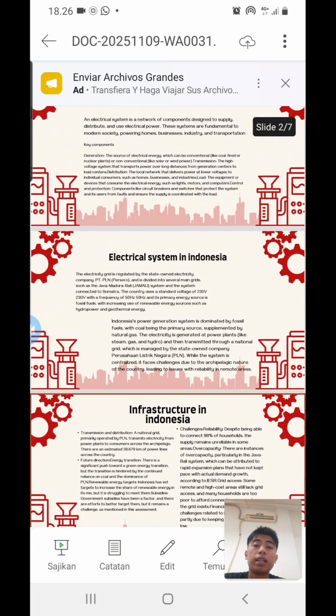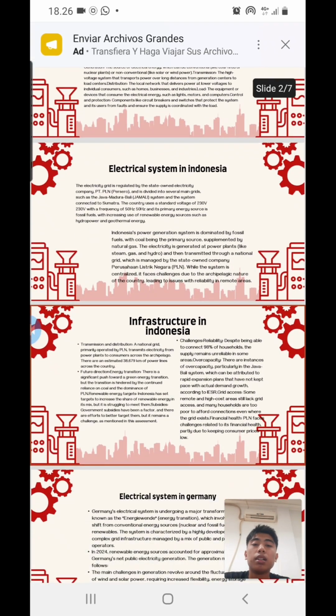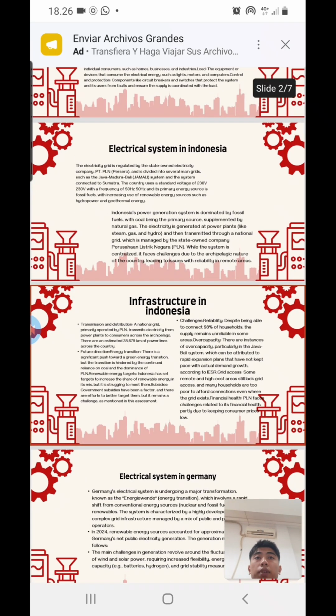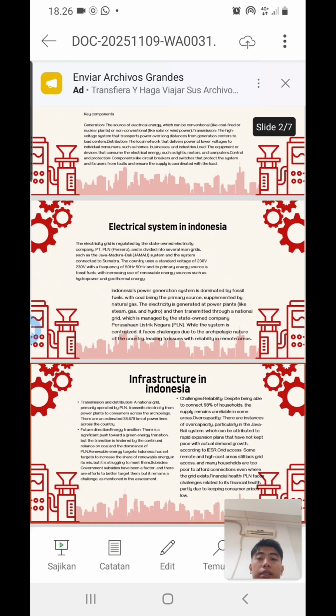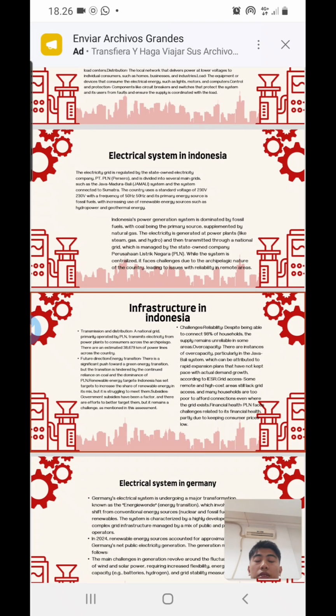In the next slide, we can move to the electrical system in Indonesia. The electricity grid in Indonesia is regulated by the state-owned electricity company PT PLN, and divided into several main grids, such as the Java, Madura, and Bali, or Jamali, system, and the system connected to Sumatra.